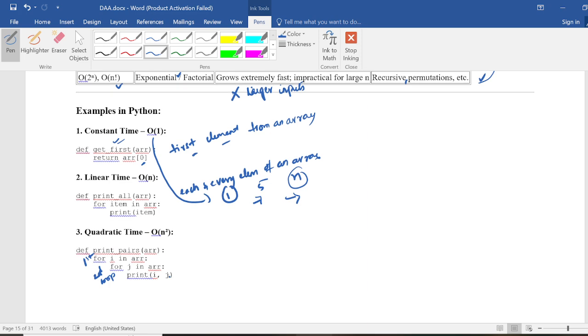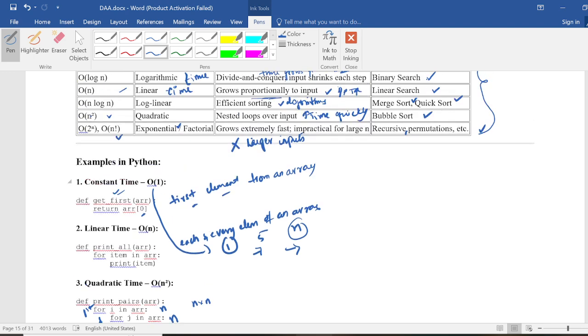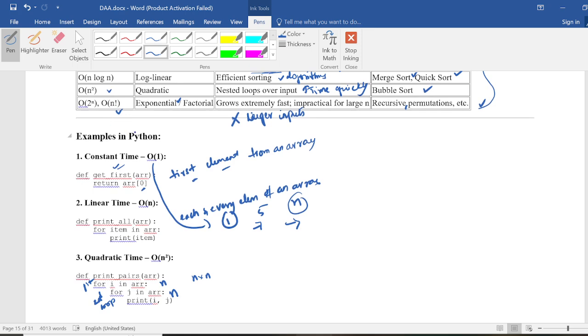The operations in the first loop are n and in the second loop also n. So n into n becomes quadratic, O of n square. The number of operations multiplies and grows faster as the input becomes bigger.